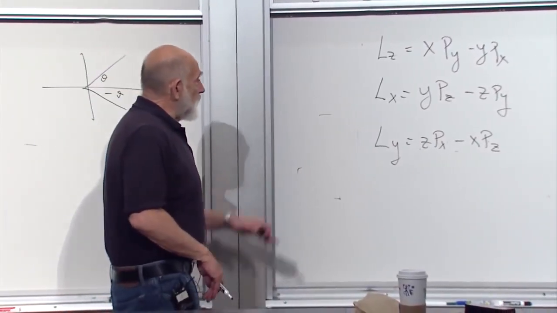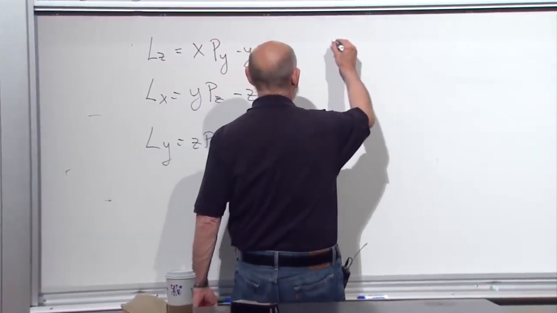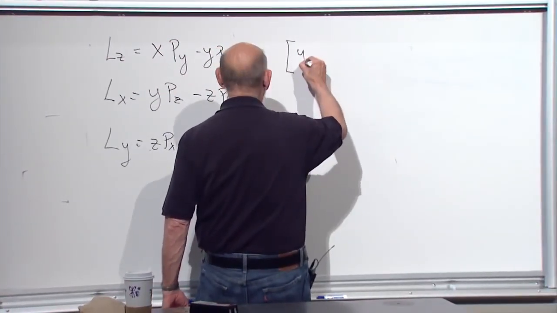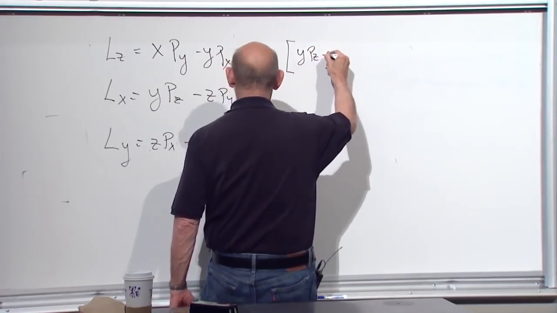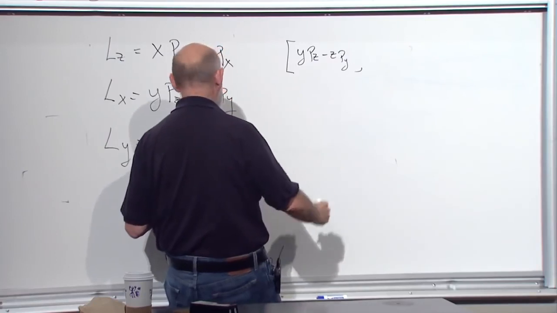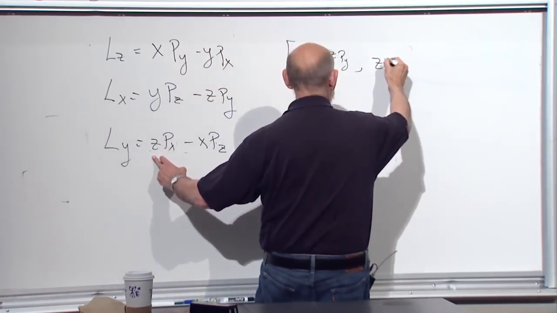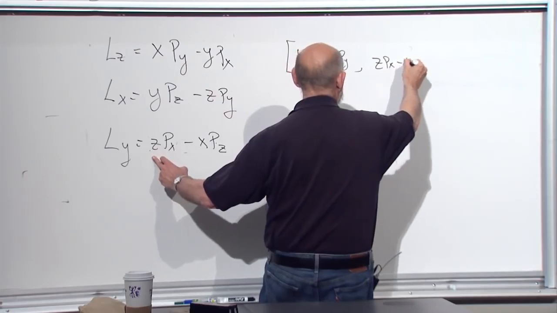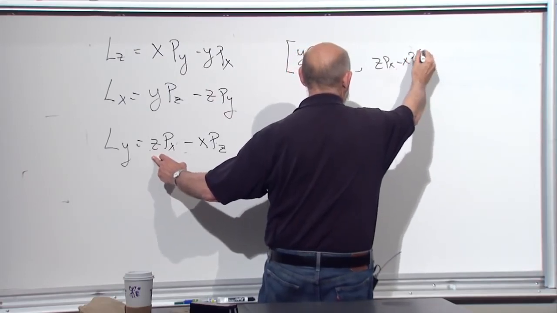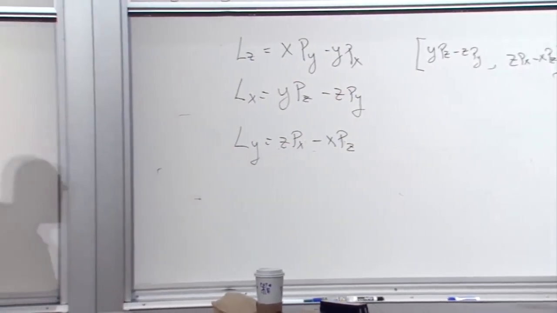Okay, so let's calculate the commutator of Lx with Ly. That's the commutator of y pz minus z py, comma for commutator, z px minus x pz. Now, I'm not going to go through the rules for commutators.